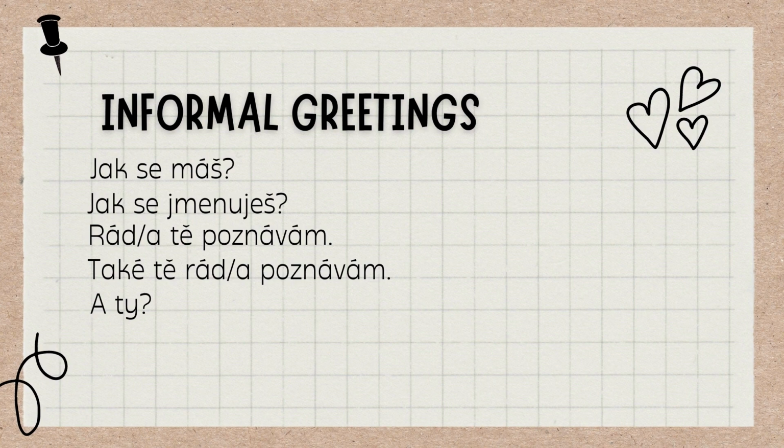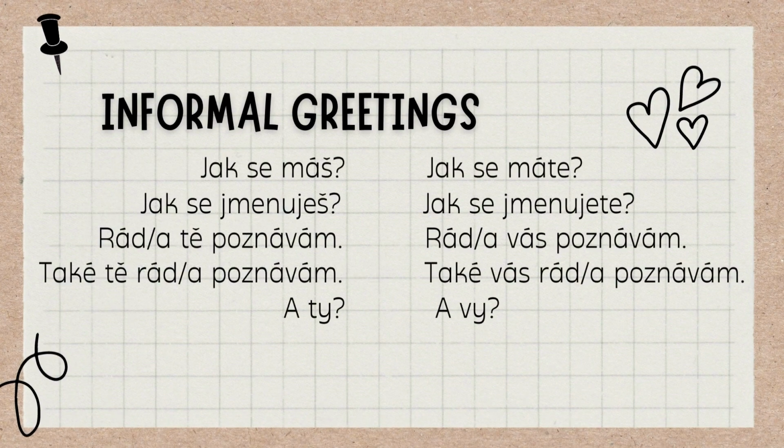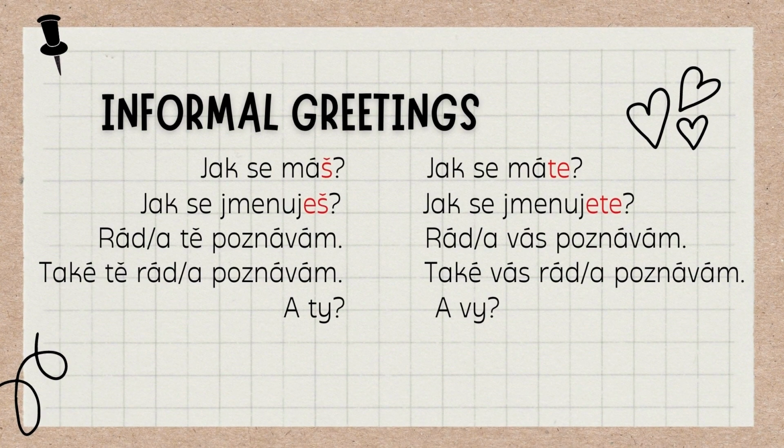Can you see the difference? It looks really similar. Let's look at the sentences next to each other. The informal is jak se máš and the formal is jak se máte. Máš changed to máte because it's a different conjugation of the verb. The same is with jak se jmenuješ and jak se jmenujete. Only the ending of the verb changed.